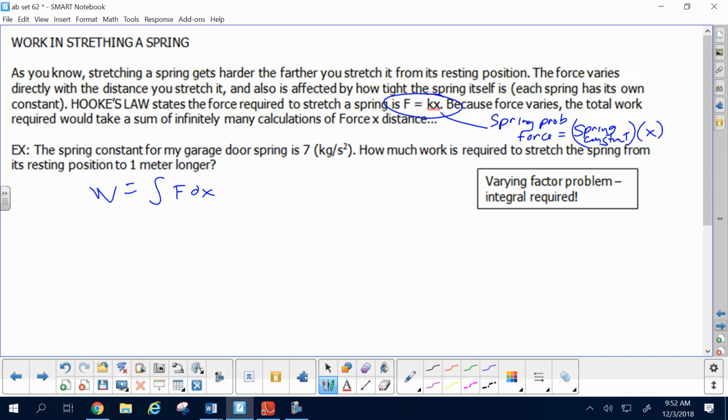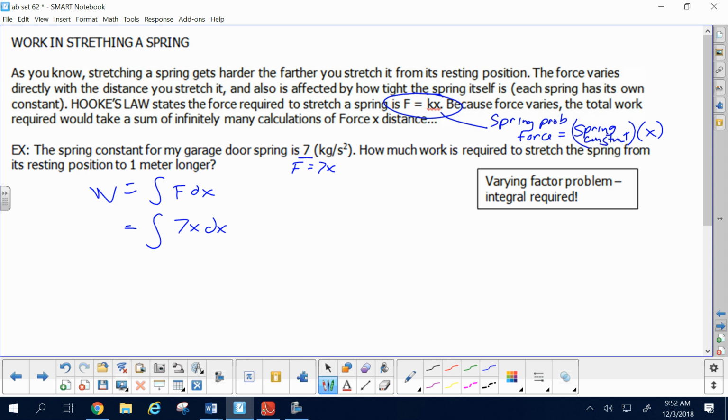They'll give you the spring constant for each case. In this case, the spring constant is 7. So the force will be 7x, the spring constant k times x, times little changes in motion.